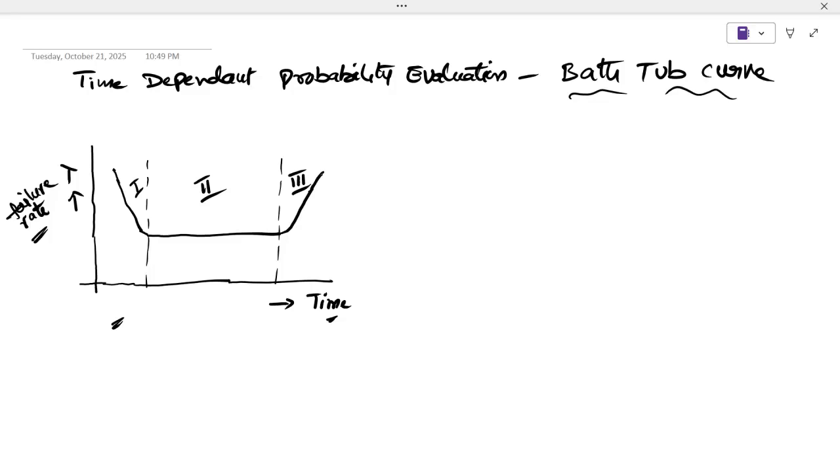Why do we analyze this bathtub curve? It represents how the failure rate varies with respect to time. Finally it describes the failure rate of a system or component. A system may be any mechanical system, or a component may be any mechanical, electronic, or electrical component.